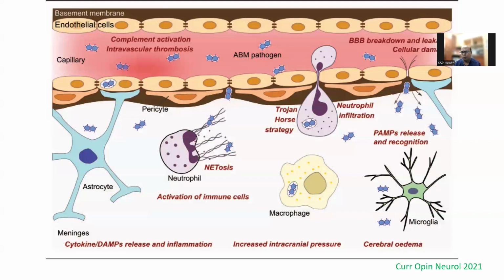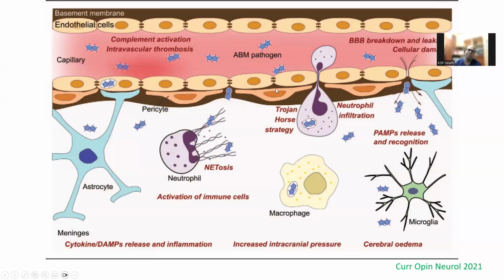It occurs in different ways, either paracellular or intracellular. First, it passes through the endothelium of the respiratory, GI, or genitourinary tract, then gets into the bloodstream. From there, it can directly infect the astrocytes or neuronal cells, or it can activate the immune cells, and thus be carried into the subarachnoid space by the immune cells.